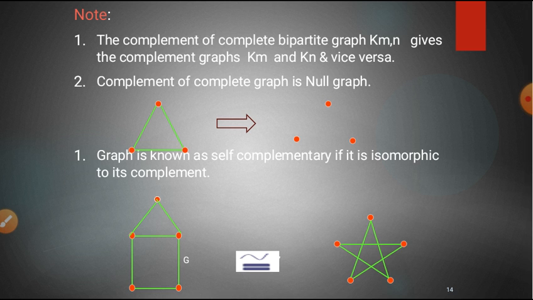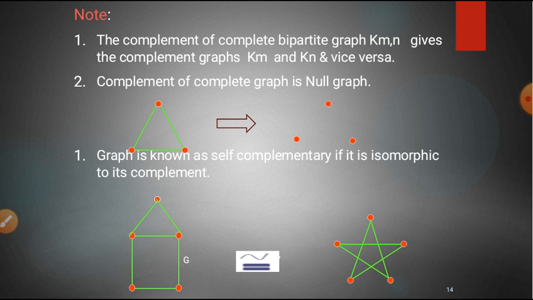See the last point for the note: a graph is known as self complementary if it is isomorphic to its complement. Of course, an isomorphic graph means the number of vertices and the number of edges are the same in two graphs, but the alignment and representation are different, then that graph is an isomorphic graph.